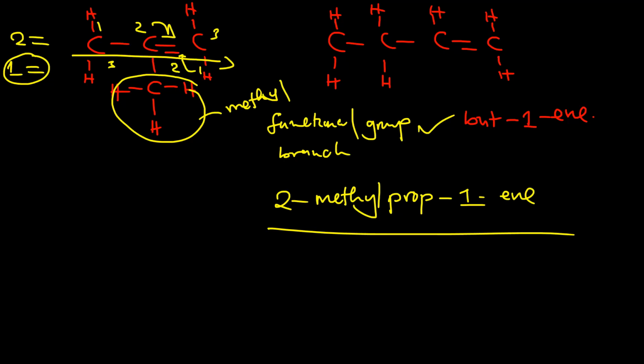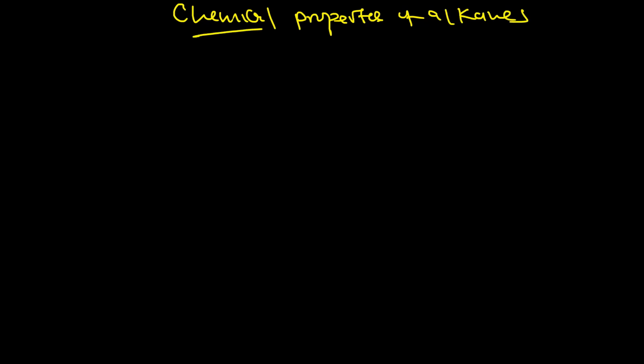Okay. So the other thing that we can look at now are the chemical properties of alkenes. What are the chemical properties of alkenes? How they react. Alkenes are reactive.